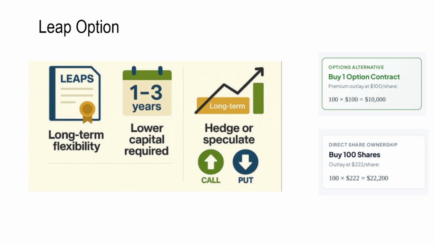But because I used this LEAP contract, instead of 22,000, I paid around 10,000 only. So I'm still holding 100 shares of Adobe, but I'm paying half of the price. My contract is around 90 delta, so if you say precisely, I'm holding 92 shares of Adobe by just paying 10,000.